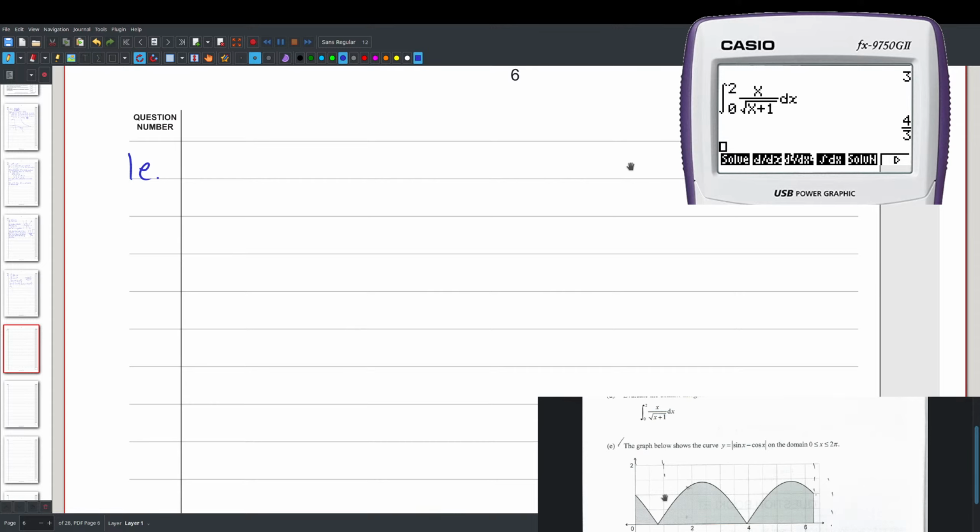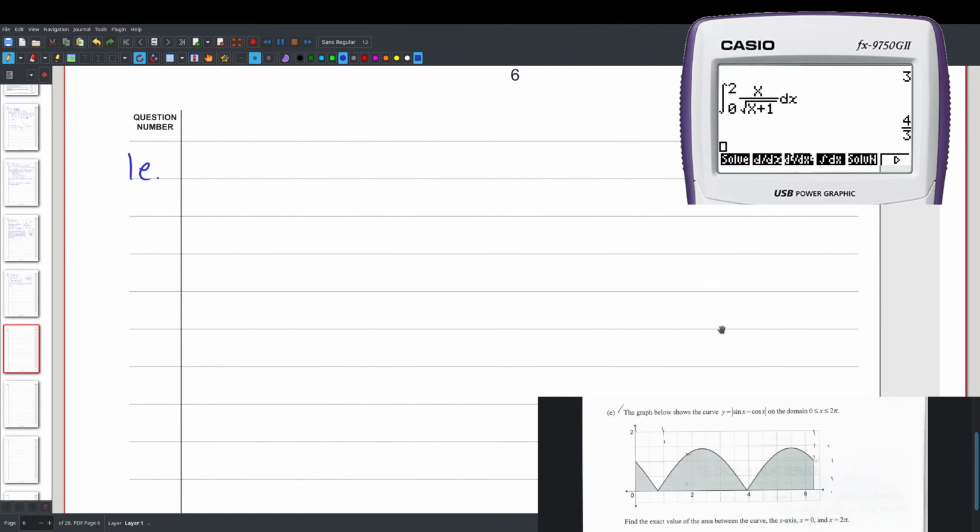So the first order of business is to find where it actually intersects the x-axis. So you want to know where sin x equals cos x. Sin x equals cos x. If you actually do this, you get tan x equals 1.